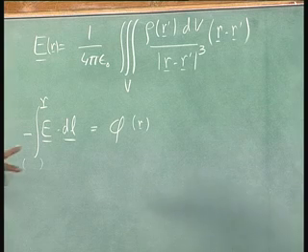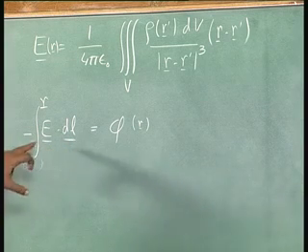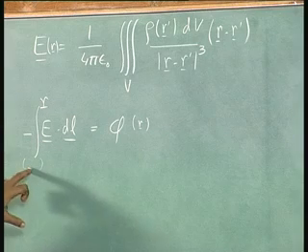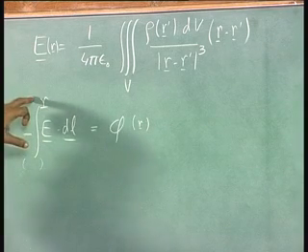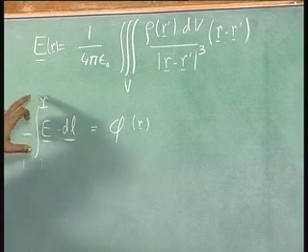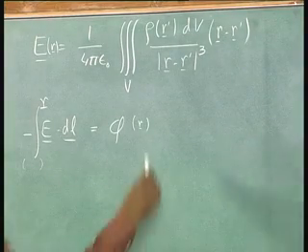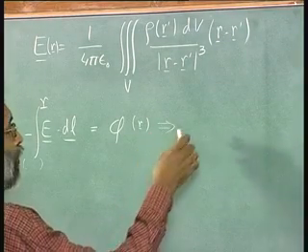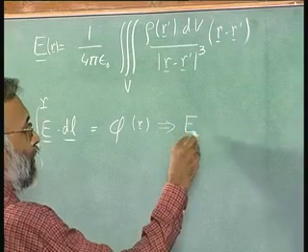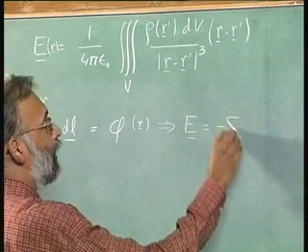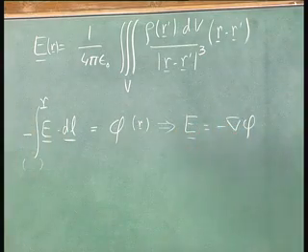So, this electrostatic potential phi does not depend on how we went from the reference point to r, it only depended on where r is. And from this we also obtained that the electric field is minus the gradient of phi.